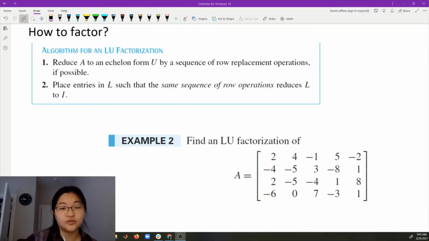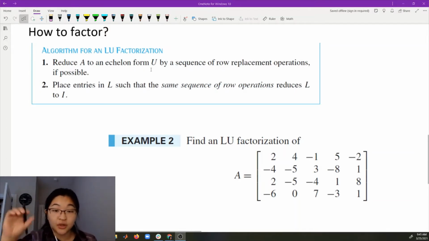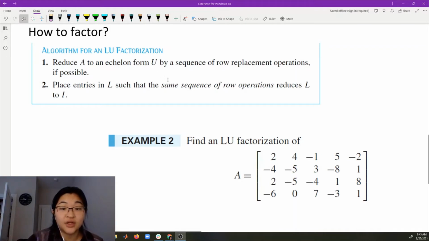So how do you perform LU decomposition or factorization? Well, you reduce A into echelon form, so you do your row operations on that, but you also keep track of the row operations that you were doing, and you hold them in L because they're elementary row operations.